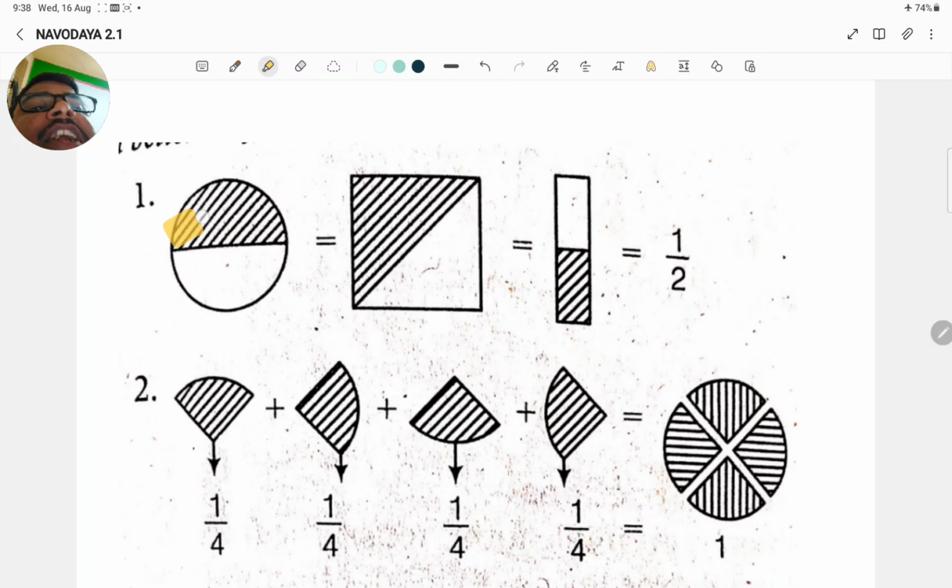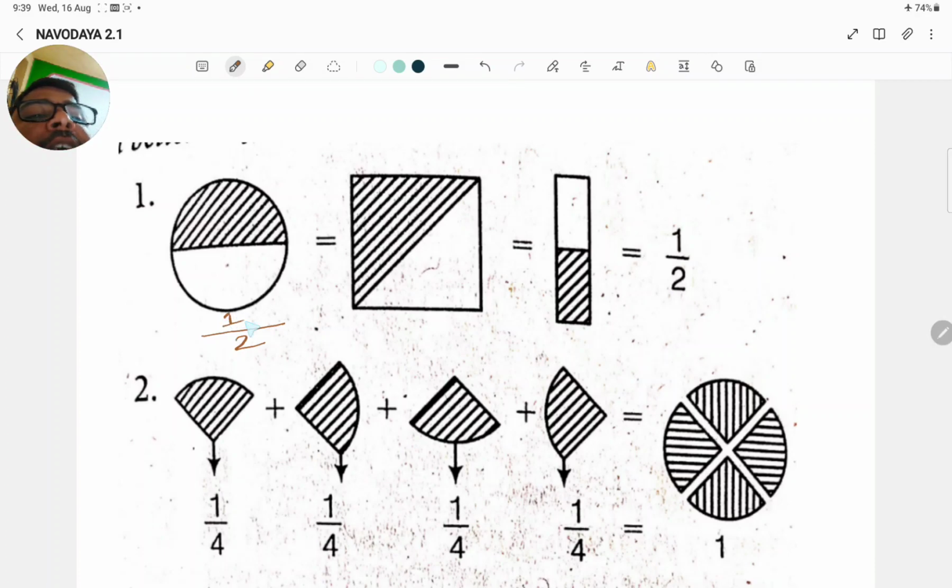One part is shaded and the second part is white. Two equal parts are there, that's why in the denominator I am writing 2. Why? Because the total number of parts is 2. Next, how many parts are shaded? Only one part is shaded.